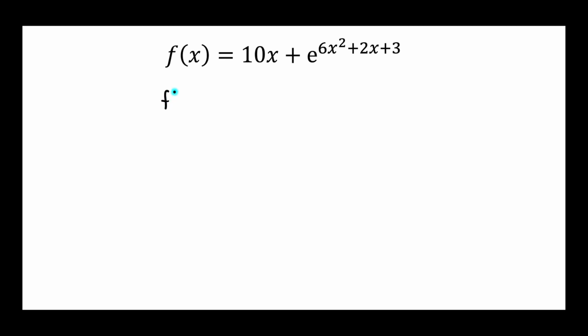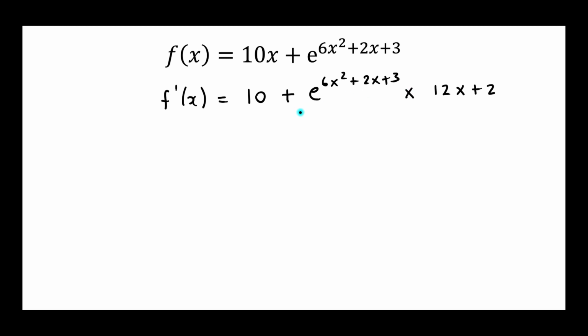So f dash x would equal, if I differentiate this part, that will simply give me 10. Now when differentiating the e to the power of 6x squared plus 2x plus 3, that will simply give me this. Now we need to differentiate this inner part. Okay, that's our inner part. So if I differentiate that, that will simply give me 12x plus 2.